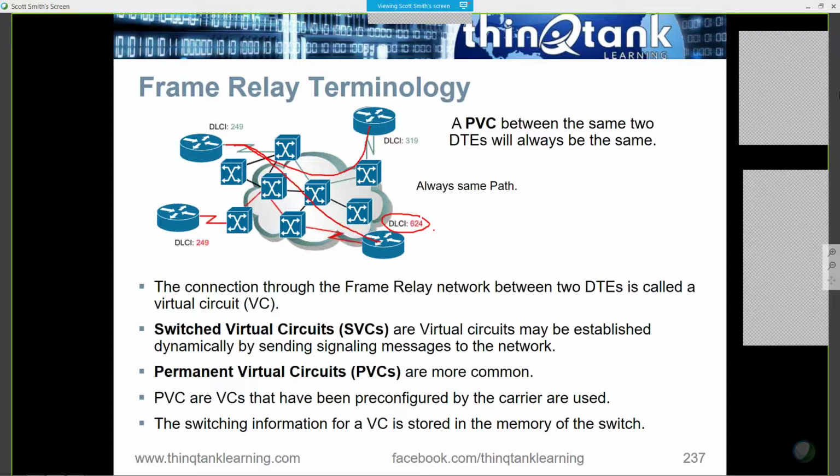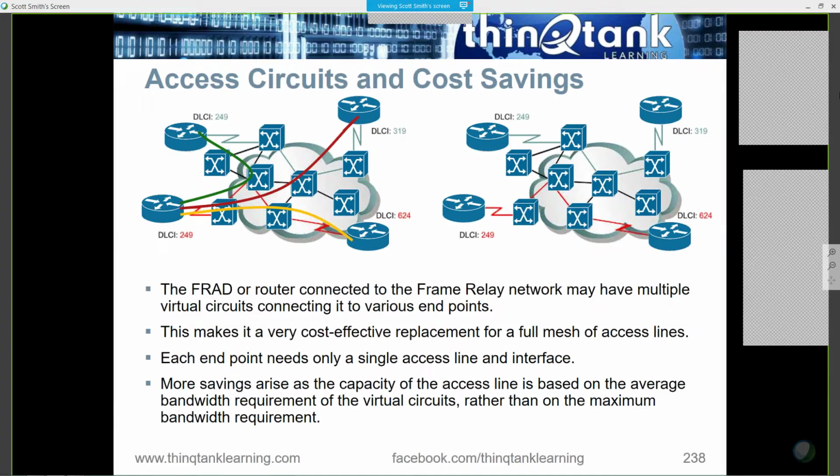I think we'll actually see a diagram of that a little bit later on. Hey, there we go. How about that? Amazing. All right. The FRAD, or the router that's connected to the frame relay network, can have multiple virtual circuits that go to multiple points. This is the multi-point side. These are the point sides.